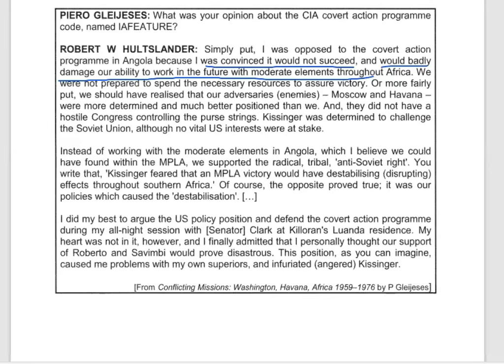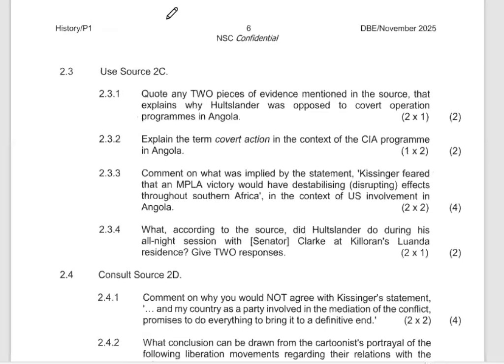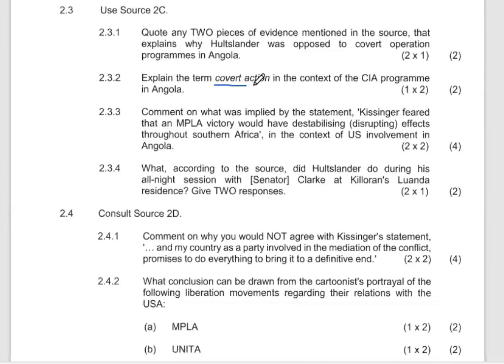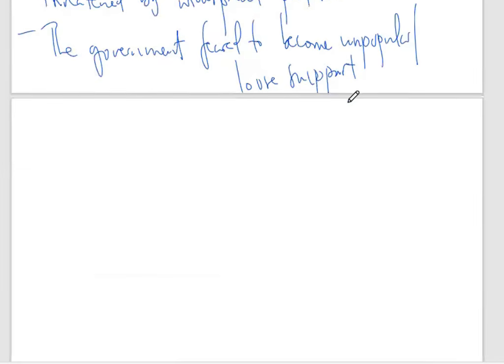Then the next question is question number 2.3.2. Explain the term covert action. I think we've previously talked about covert. We are looking in the context of CIA involvement, so we just have to highlight the term covert action here.